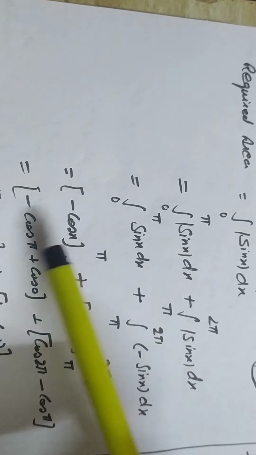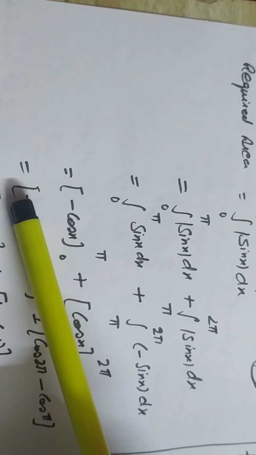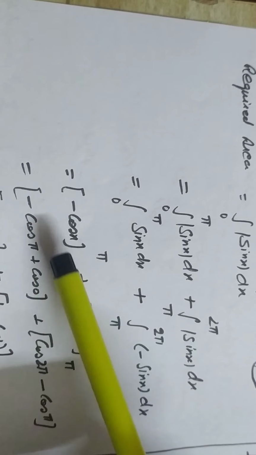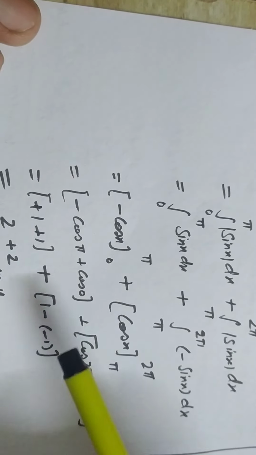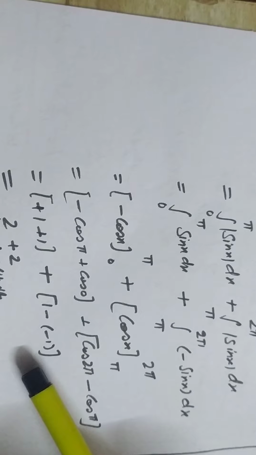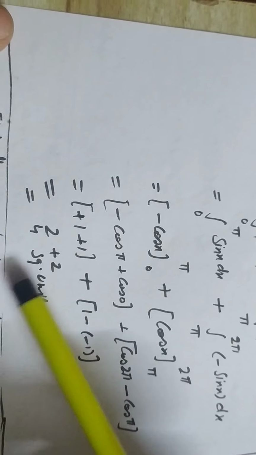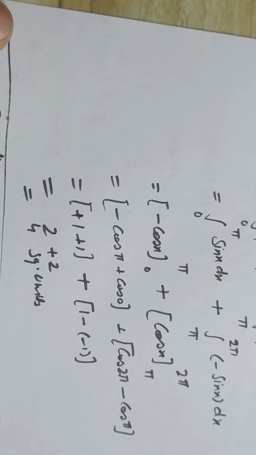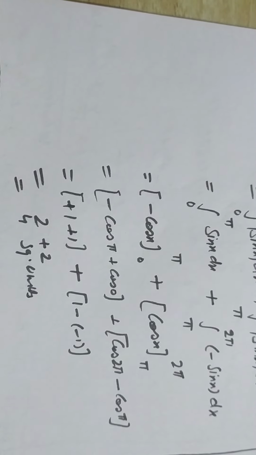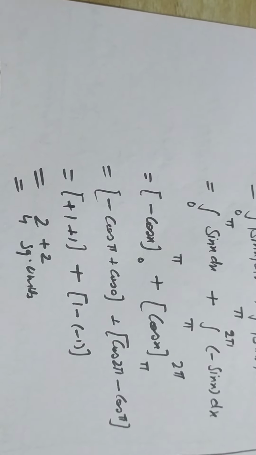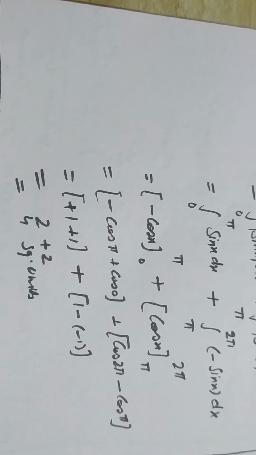Now cos of pi is minus 1, so minus into minus 1 plus 1, or plus 1, is 2. And from here you will again get 2. So 2 and 2 will give you 4 square units, the area of the region between the curve and the x-axis.